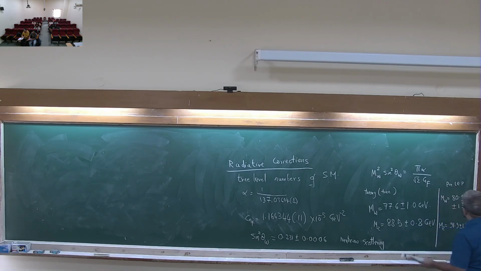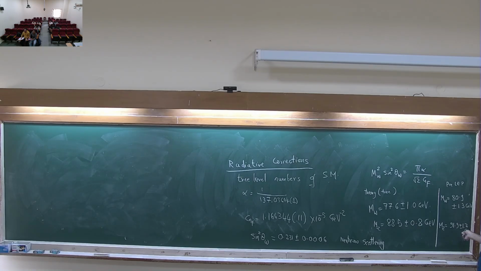Now you see, even at pre-LEP there is a huge difference between the theory and experiment. If you use the tree level values, you are falling way behind the experimental numbers, so you cannot match your theory with experiment.